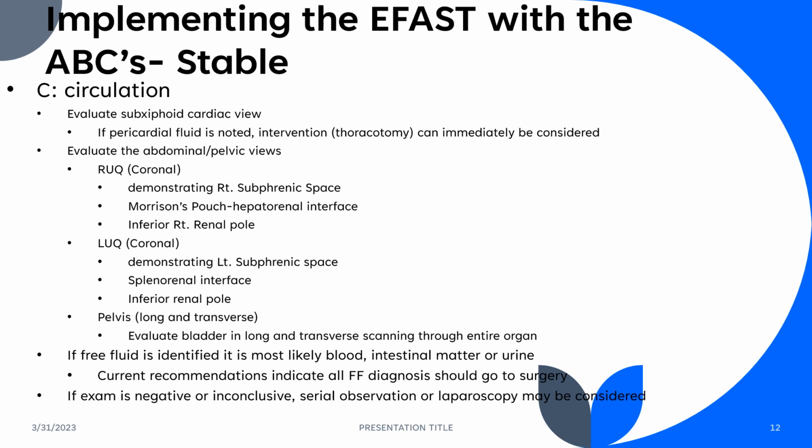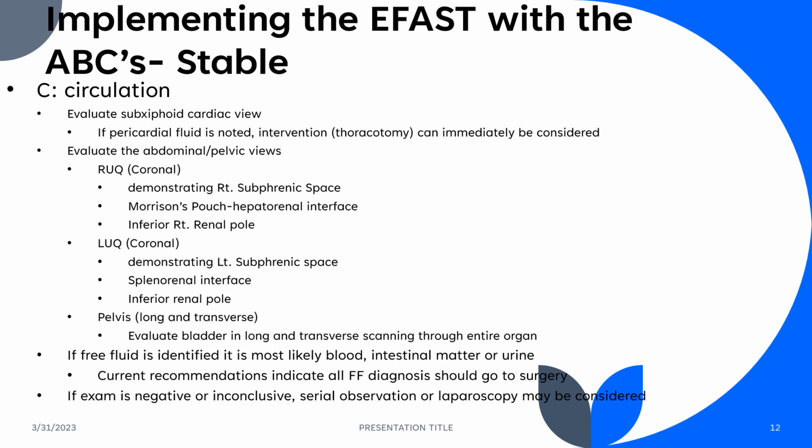Now, if the pericardial area appears clear, but you still want to continue evaluation of circulation, then you can again evaluate the right upper quadrant, as we talked about before, the left upper quadrant, and the pelvis. If free fluid is identified in a trauma scenario, it's most likely blood, intestinal matter, or urine.